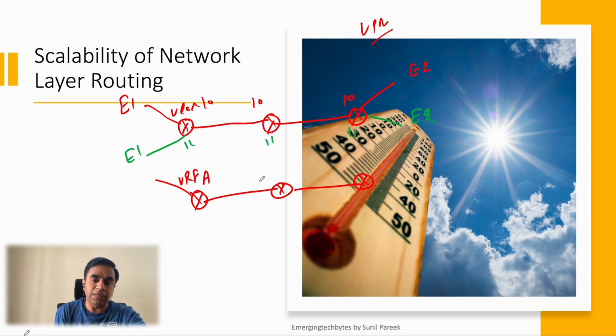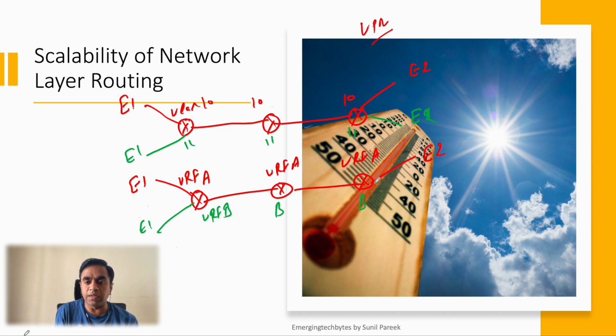Let's say VRF A here, VRF A here, VRF A here, and then my E1 was talking to E2 even though they were in a different subnet. The same way it can happen for the green endpoint as well, for which the VRF is B, let's say, or green. So this was the second way.